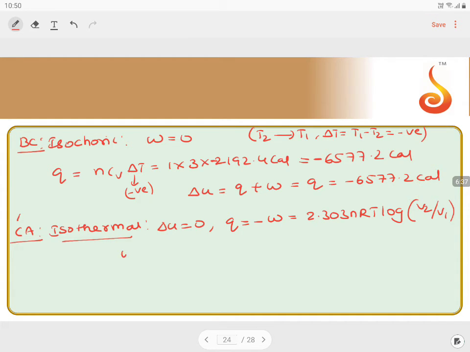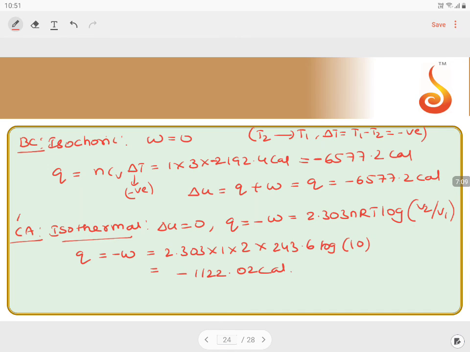Substituting, minus W is equal to Q, which is 2.303 into 1 into 2 into temperature 243.6 into log 10, and we get an answer equal to minus 1122.02 calories.